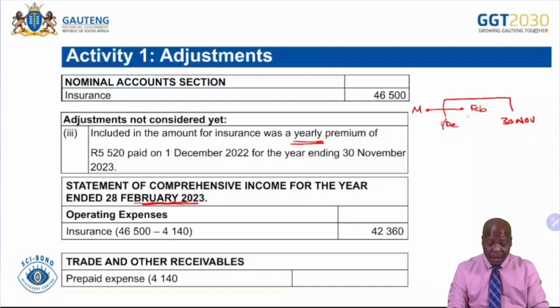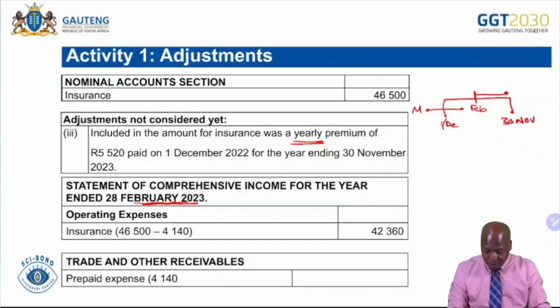This is our financial period. But we have paid an insurance premium on the 1st of December and it ends on the 30th of November. Now, with this premium, you have to understand, therefore, that there is a period which we have paid in advance.